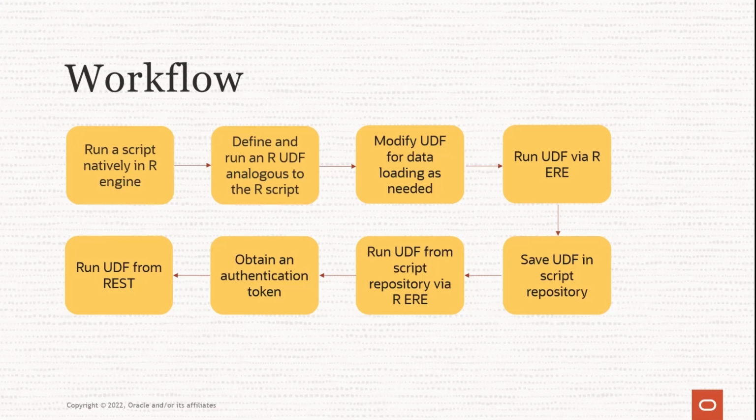At this point, you will save the script to the script repository and run the function that's saved in the script repository, and you'll run it as a named script in that case. And once you know that that's working okay, you can get a token and then just run the function from the REST API. So what does this look like in practice?